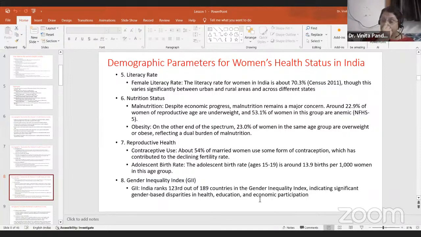So when the child is in the mother's womb and if the mother is malnourished, you can just imagine the impact on the child's health, and when the child takes birth, what further complications it can lead to.